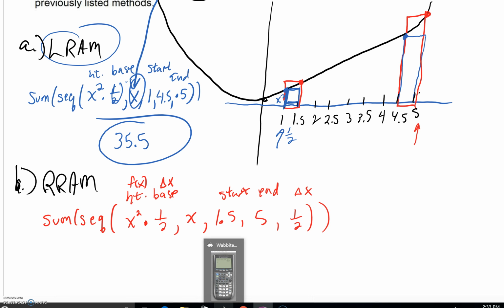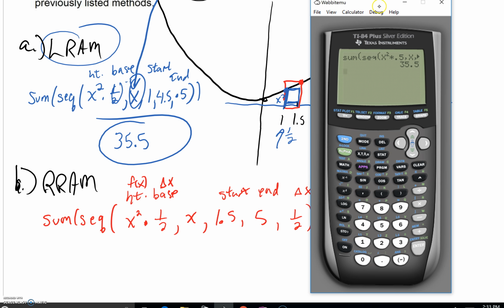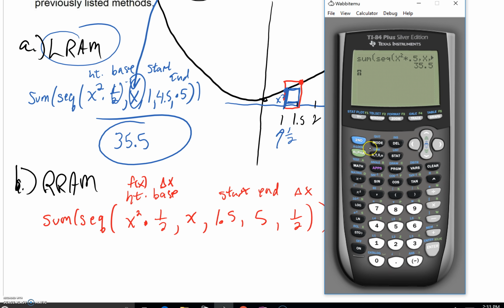Now, here's the cool news. Right now, you can think, oh gosh, I got to retype all that. Actually, no, you don't. Hit second enter, and what you just typed in will come back. And you can left arrow, and you can see here's your f of x times delta x, x squared times 0.5. You'll need a comma x.